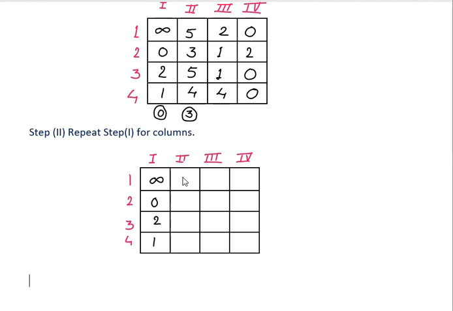So 5 minus 3, we get 2, 3 minus 3, 5 minus 3, 4 minus 3. What is the smallest element of the third column? Subtracting 1 from all the elements of the third column, we get 2 minus 1, 1 minus 1, 1 minus 1, 4 minus 1. And for the fourth column, the smallest element is 0, so the numbers in the fourth column will not change.